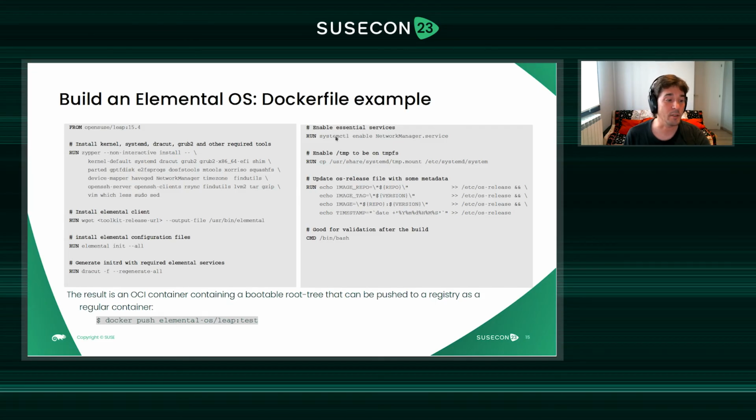So the build can be done in a few minutes. And once the build is done, the only thing that's left is just pushing it into the registry. So as mentioned before, this is a regular container image. So we can push it to an OCI registry. So we could eventually docker push, and the image is just up in the registry.